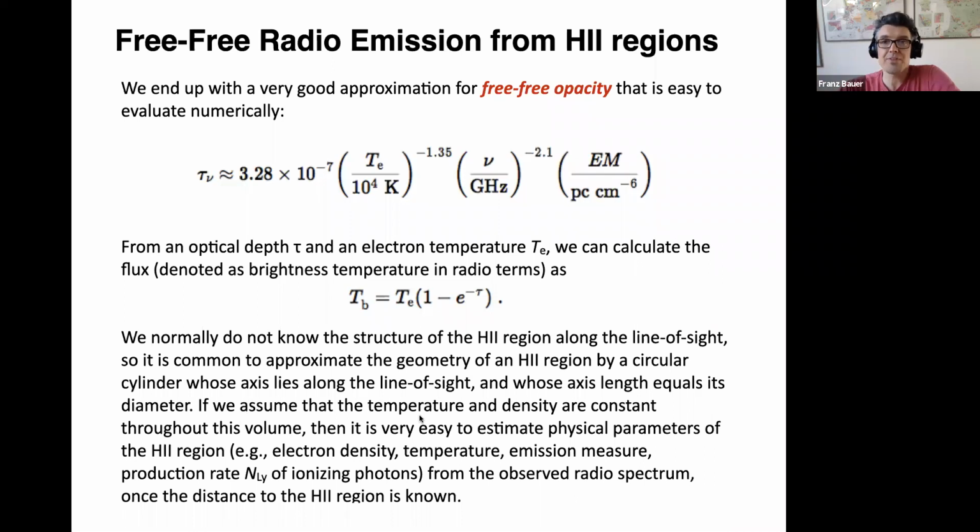If we then assume that things don't vary strongly across this cylinder, so the temperature and density are constant, then we can pull out physical constraints on the H2 region. So we can get the average electron density, the average temperature, the average emission measure, and therefore we can get the average production of ionizing photons. These are all the things you would want to estimate the number of ionizing photons, given this plasma is just made up of hydrogen, for instance.